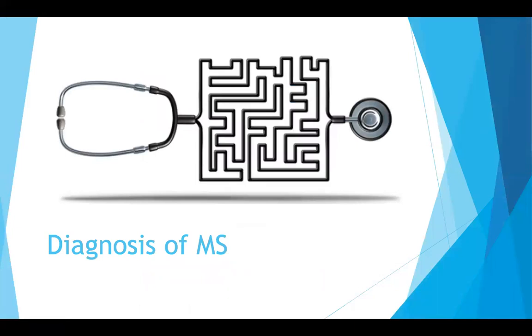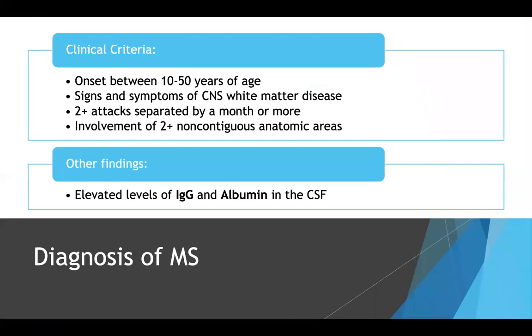Moving on to the diagnosis of multiple sclerosis, it is actually based on clinical criteria. So onset is usually between the ages of 10 and 50 years of age. Signs and symptoms of central nervous system white matter disease should be seen in those patients.